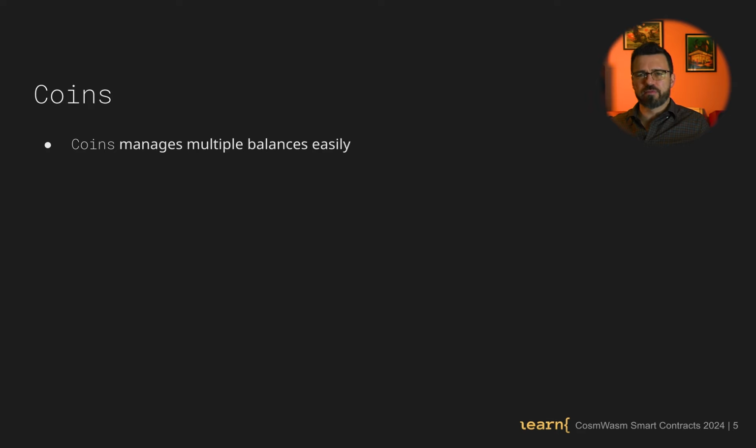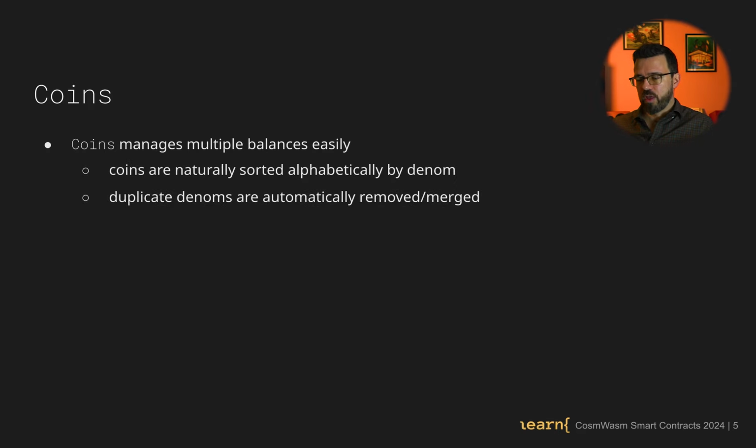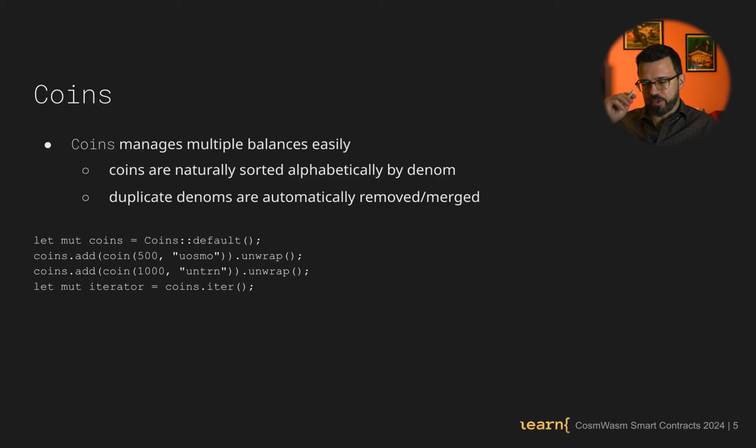This is something that we often implemented ourselves in contracts before Coins was available. They're naturally sorted alphabetically by denom, and like I mentioned, you don't have duplicate denoms. They're removed if a balance is zeroed, or they're merged so that you don't have duplicates. And an example here is I can create a Coins default, which is just going to be empty, and then use the .add.